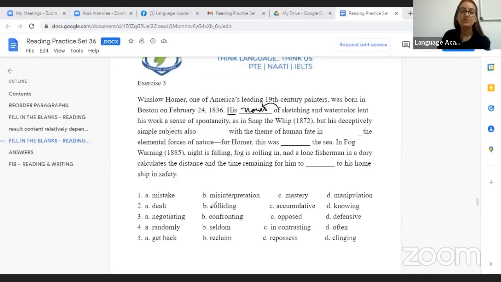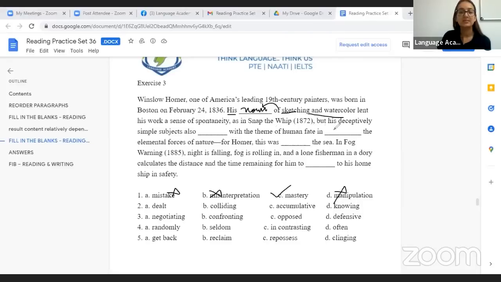And if we look at the options: his mistake, his misinterpretation, his mastery, and his manipulation of sketching and watercolor. Out of the four options, three are negative, but the sentence has nothing negative. We have just started to introduce a person and his work, so there's no point in selecting a negative word. So we will say his mastery of sketching and watercolor lent his work a sense of spontaneity.